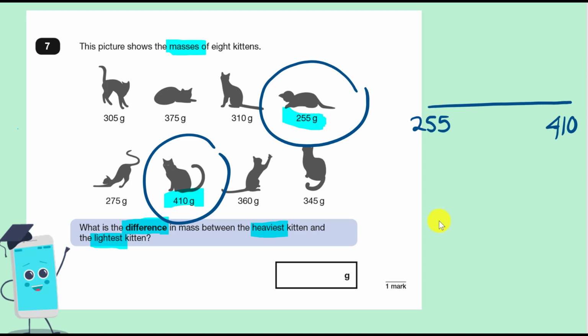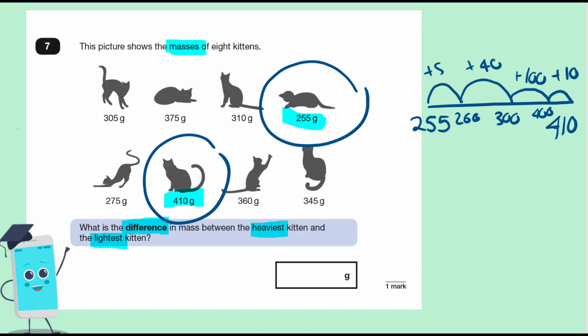So I might want to go to 260. I've added 5. Then from 260, I'm going to jump to 300 by adding 40. Then from 300, I'm going to go to 400 by adding 100. And from 400 to 410, I've just got to add 10.